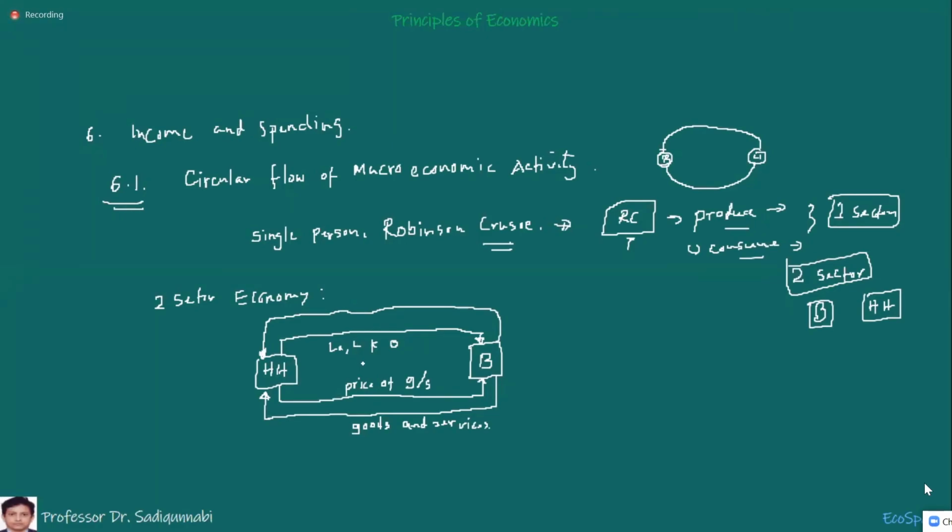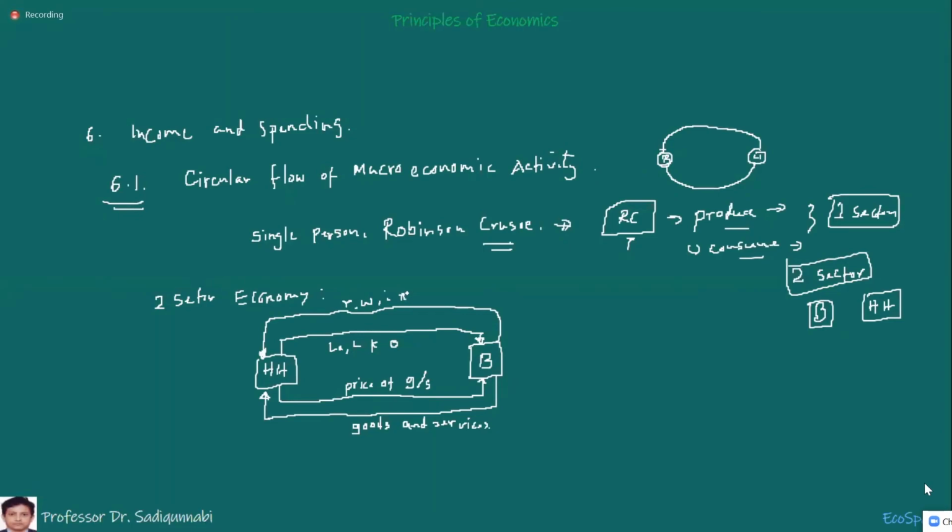Now it is your part. Tell me, what is the reverse flow from business to household? The prices: price of land is rent, price of labor is wage or salary, price of capital is interest, and price of organization is profit.